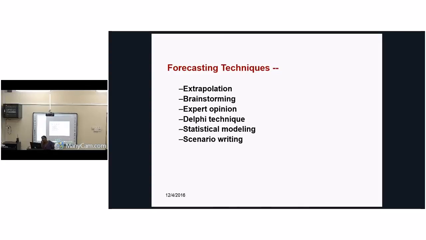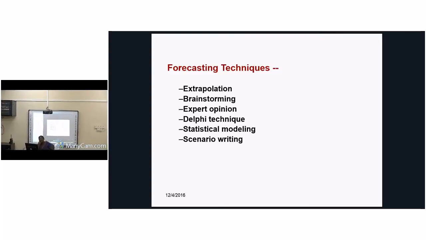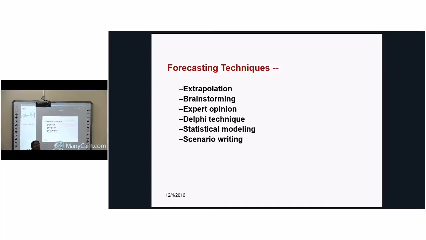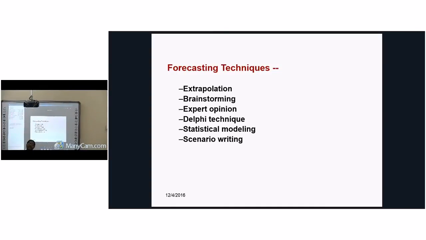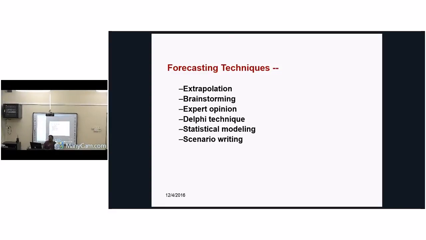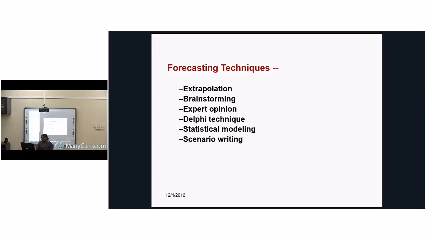Then the Delphi technique, again through discussions. The Delphi technique is having discussions with different expertise, another method for forecasting future happenings.